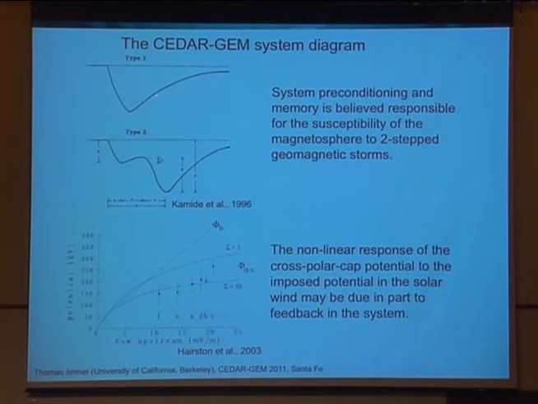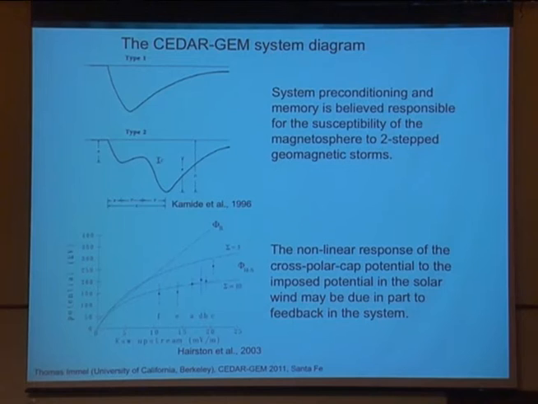This is a canonical Dst storm from a Comet et al. paper, and the two-step Dst reduction in some storms is likely due to preconditioning from the first storm and the amount of ionospheric plasma that's out there when the next solar wind disturbance arrives at Earth.